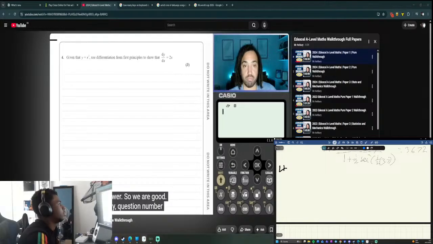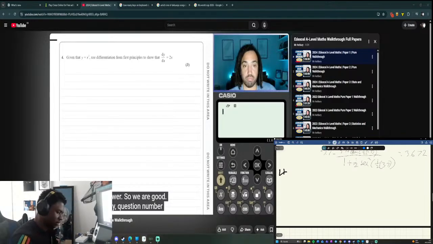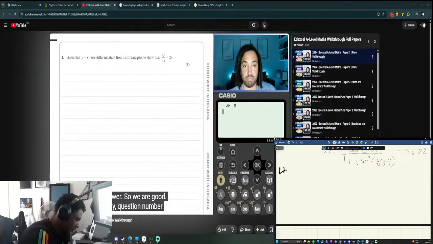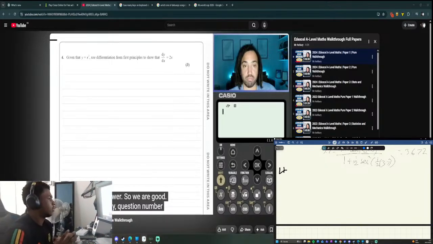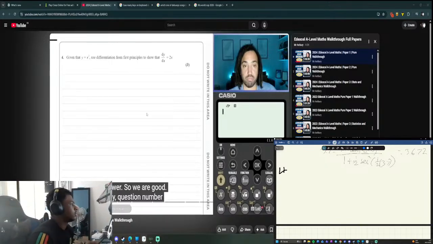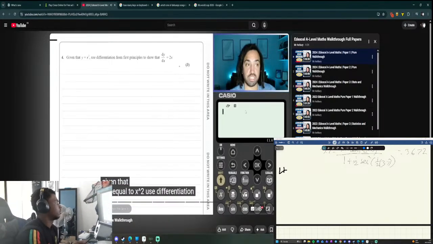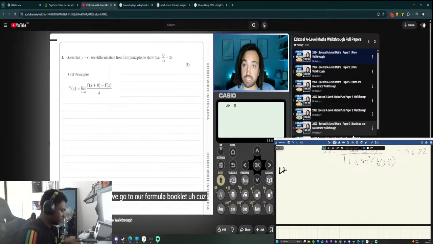Show that dy dx equals... I actually know how to do this. There's an equation sheet. Can I get the equation? So we go to our formula booklet for differentiation.